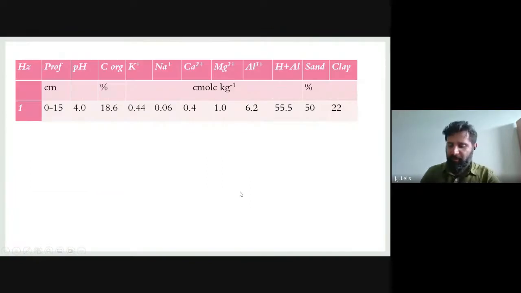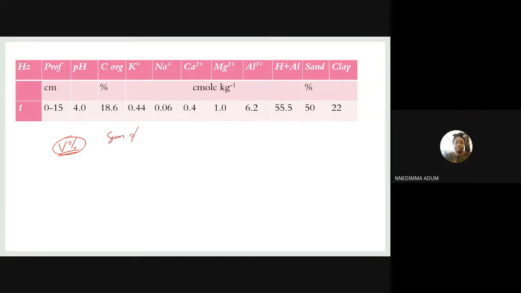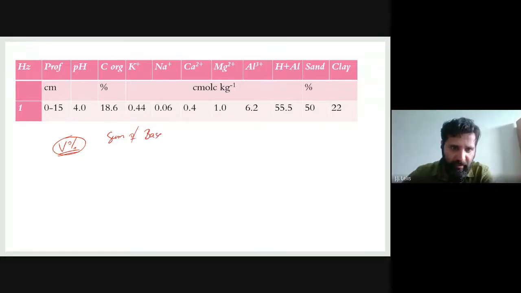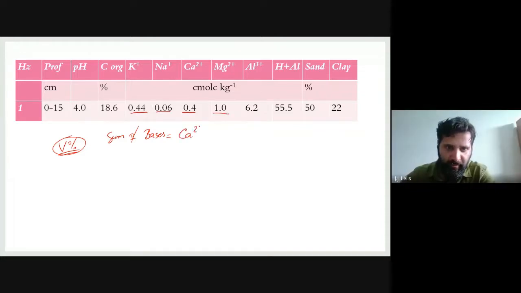So let's calculate the base saturation. Base saturation is V%. And how could we calculate the V%? First of all, we should calculate the sum of bases. So we just need to sum these values. We should present the sum of calcium, magnesium, potassium, and sodium.